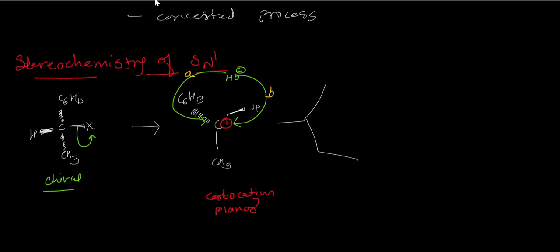Here we have HO, C6H13, hydrogen and CH3. This is from the A path.